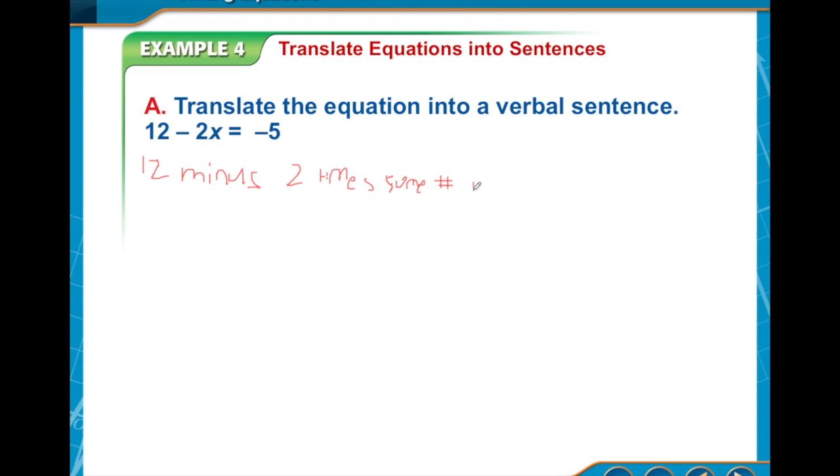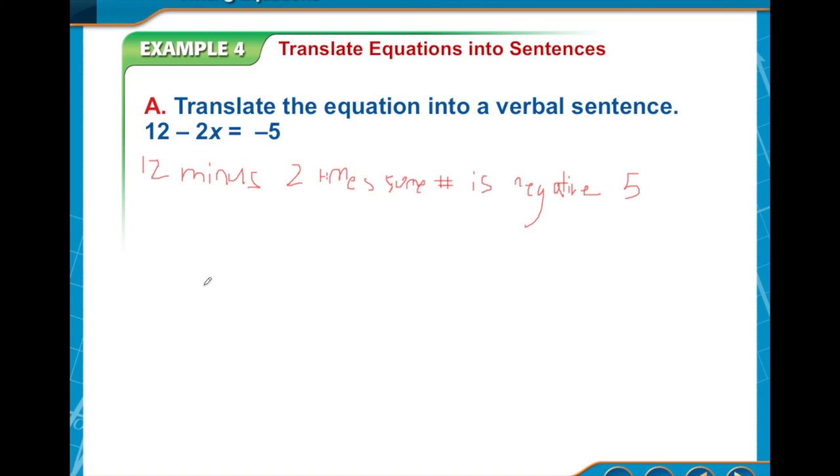So I'll just say is. Is, and here we just have negative 5. So I'll just say negative, and then just write the number 5. So it's okay to write the numbers. Everything else should be words, though.